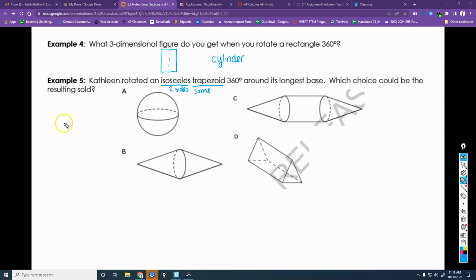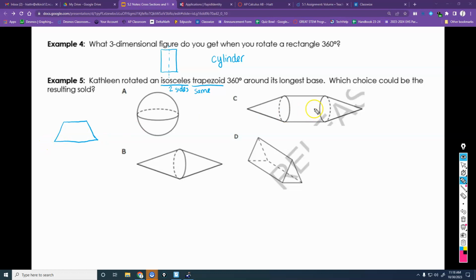Okay, so we got an isosceles trapezoid, which means it looks like this. And we're going to spin it around its longest base. Are any of those answer choices even right? That's C. Yeah, it is C.